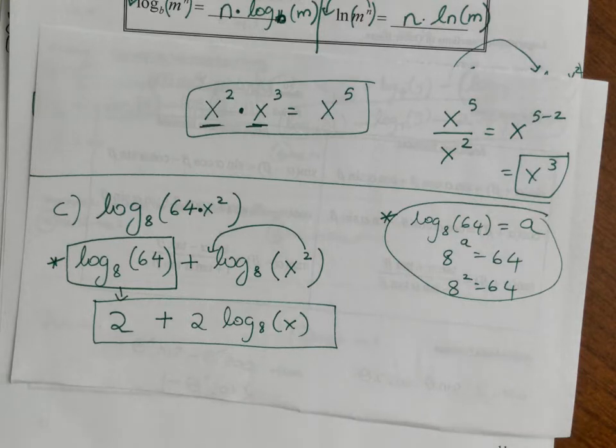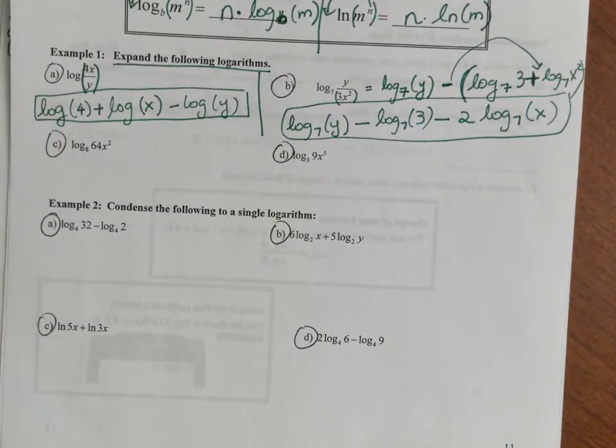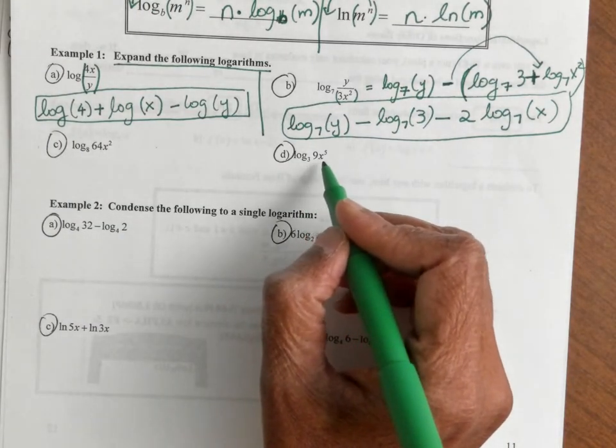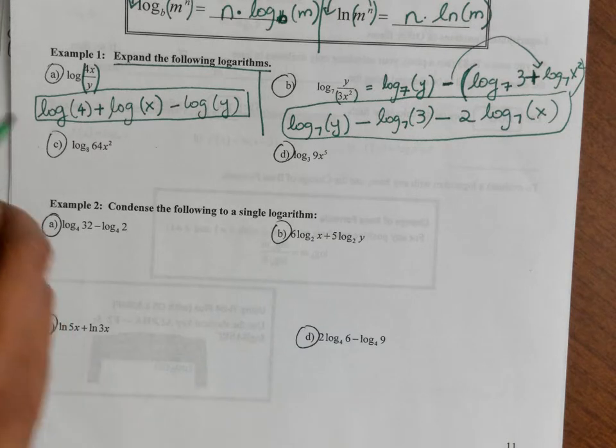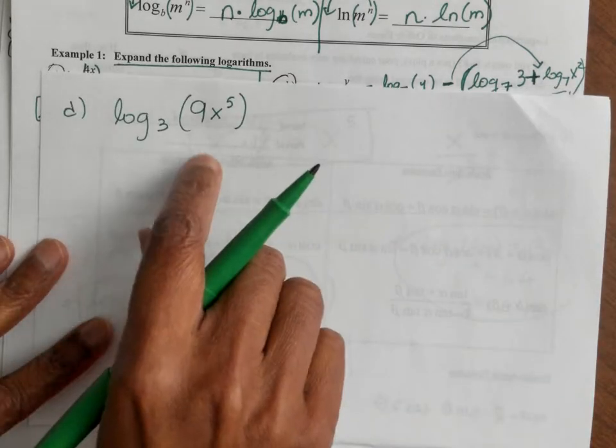Sorry. So now we're all looking at D. D is log base 3 of 9x to the 5th power. 9x to the 5th power is the input for log. Okay, so let's go ahead. Please go ahead and expand it. So we're all working on D.